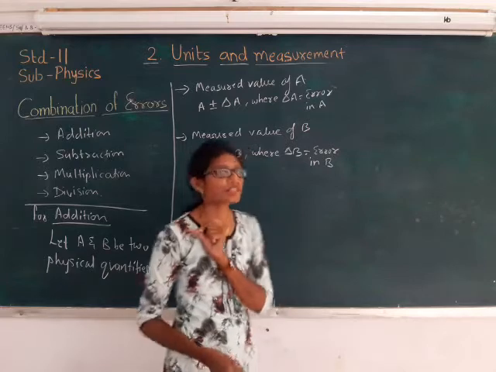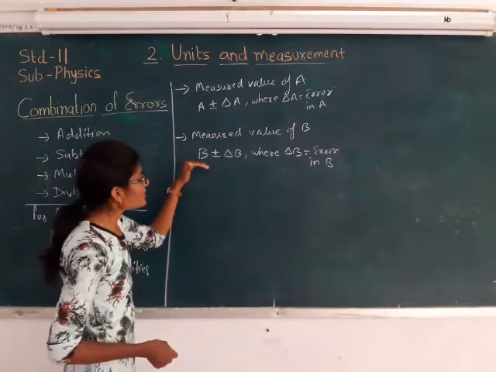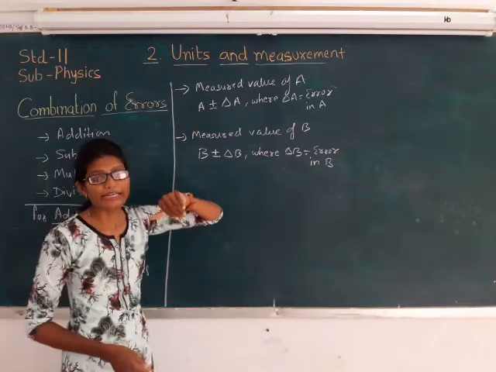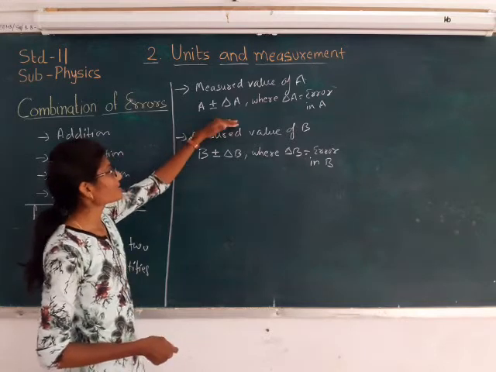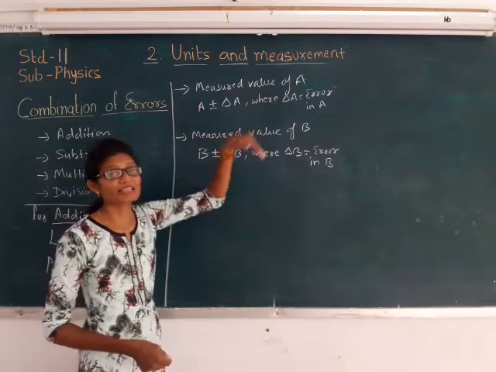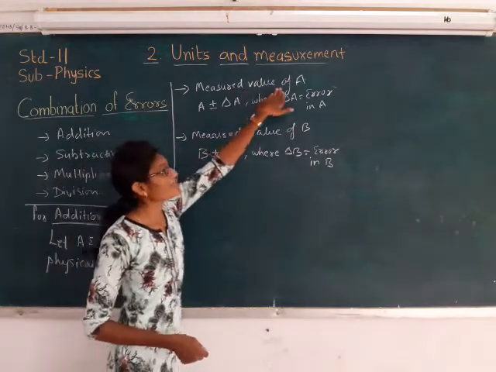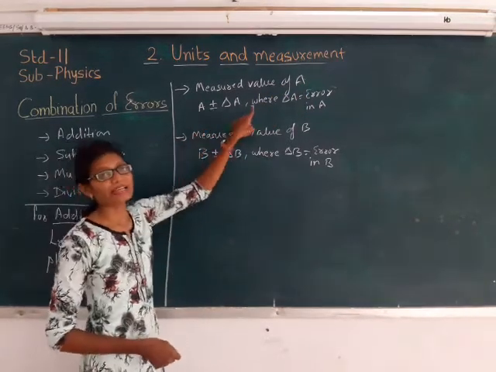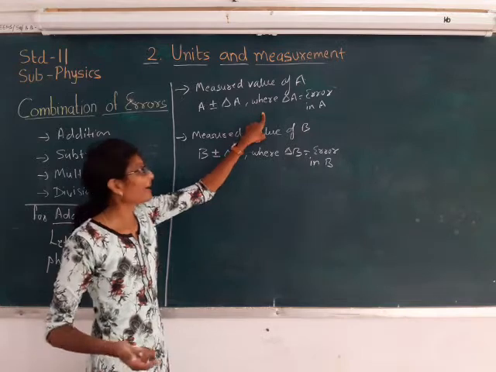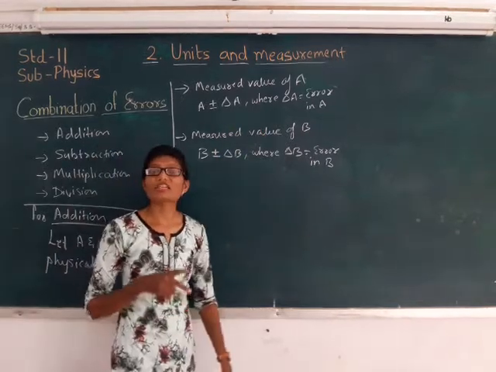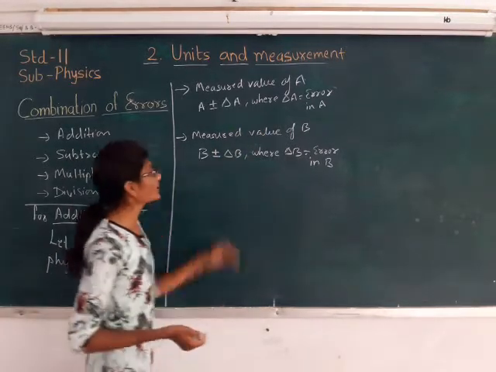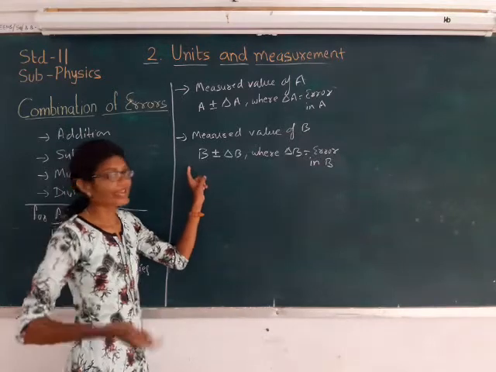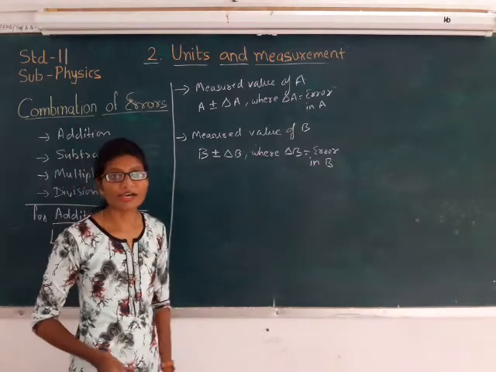So the measured value of every quantity can be represented like this: the physical quantity plus or minus its error. So physical quantity A can be represented as A plus minus delta A, and physical quantity B can be represented with its error, that is B plus minus delta B.